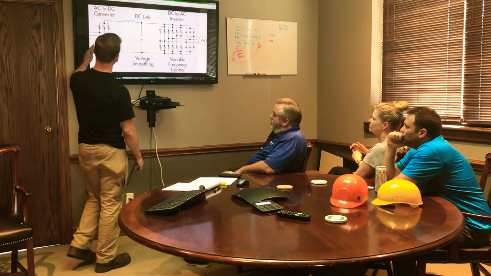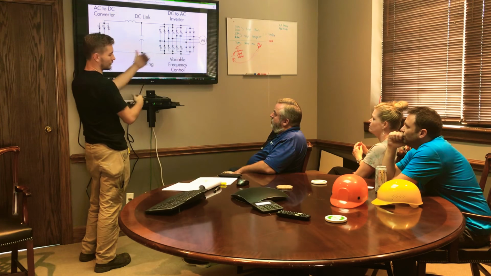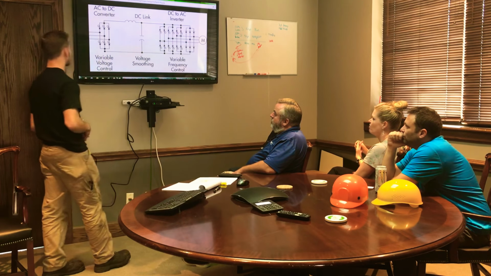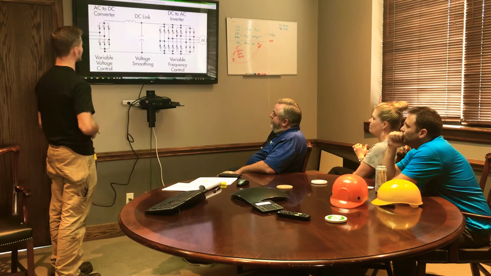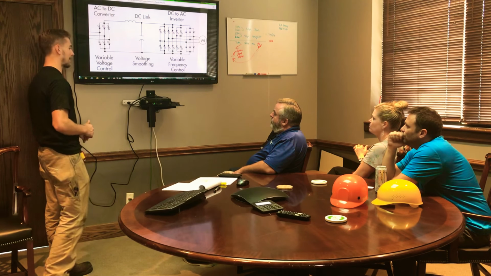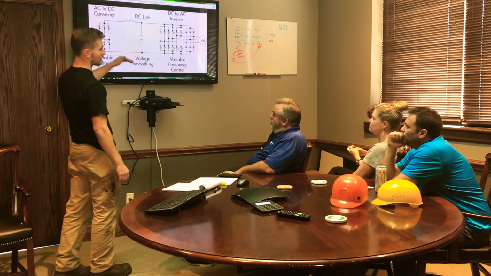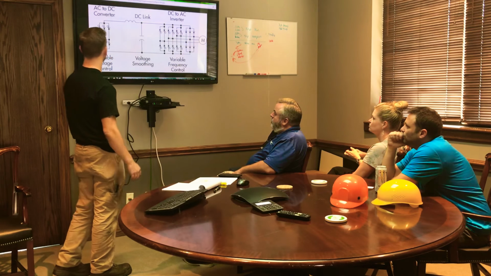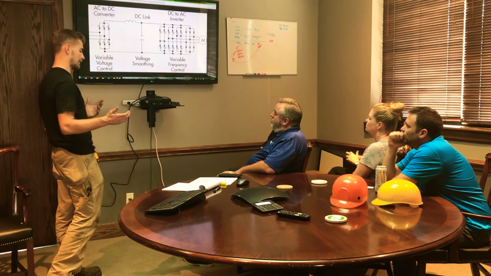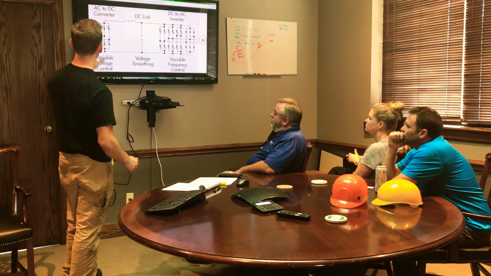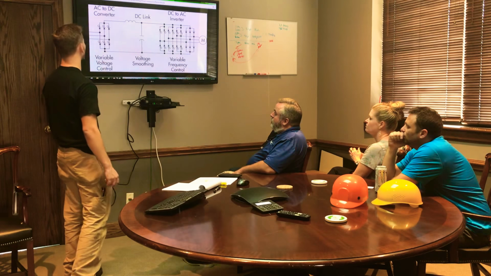So as each phase comes up in its sine wave and overtakes the last phase, it's going to output some voltage at that point. So for a 480 volt AC circuit, when it goes to the AC to DC converter, it's going to end up at around 650 volts DC. Now with that being said, it's going to be very choppy, so it's going to need to go through the next component to be cleaned up. But just to summarize, in this first component, we're just converting alternating current to direct current.